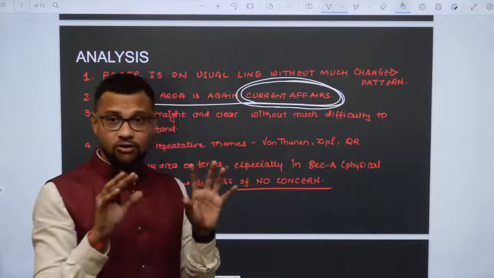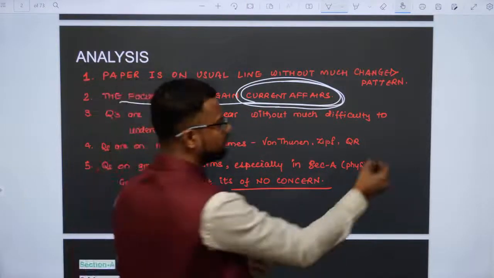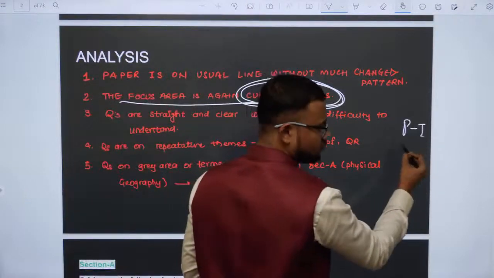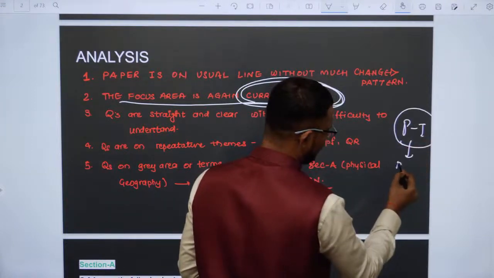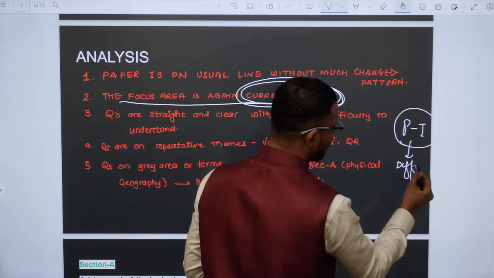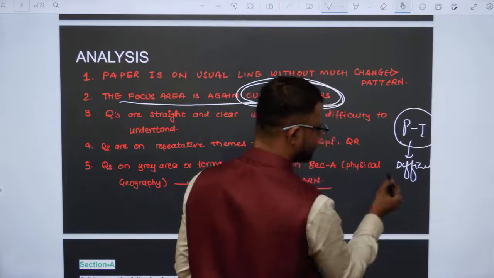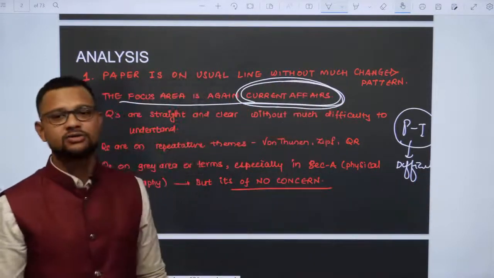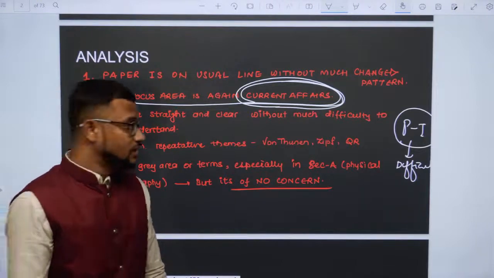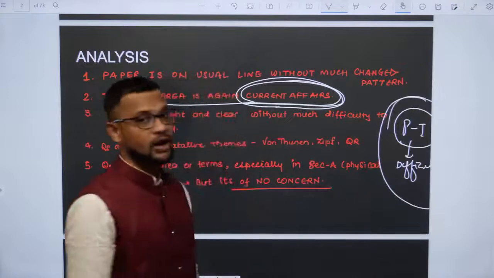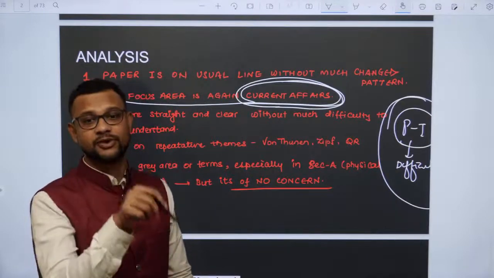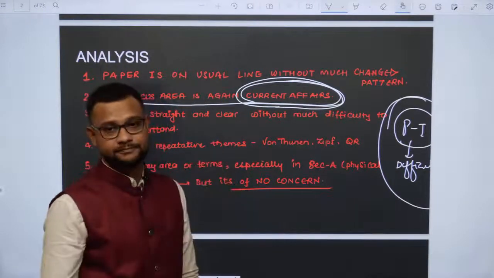Though it is our common perception that this paper 1 is of a theoretical nature, so it is quite difficult to add current affairs into it, believe me guys, that's not the case. It's your skill how you are going to add a current affairs perspective into your answer.